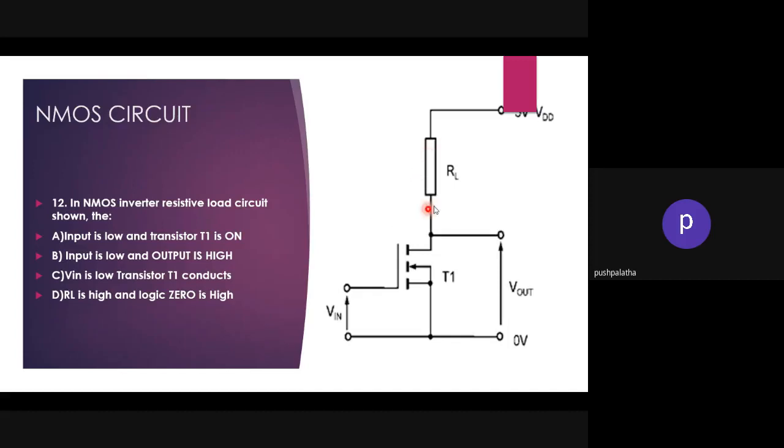When load resistance is very high, there's no current, and logic 0 is high. That is also ruled out. Now the input is low and output is high. When input is low, the transistor will not turn on, so here you will get the maximum output value, VDD. Understand? Now we'll see the answer.